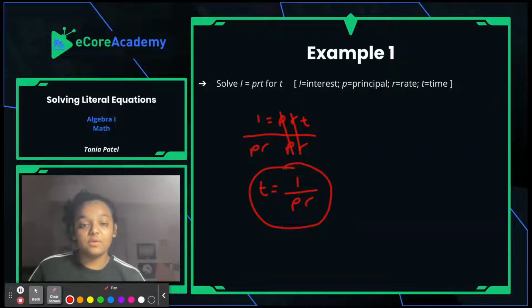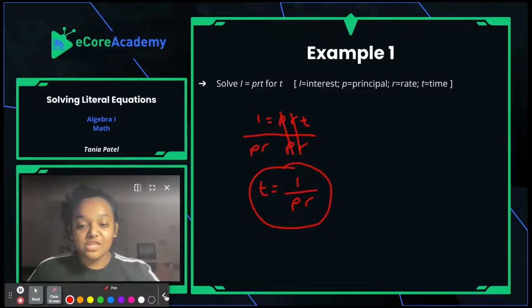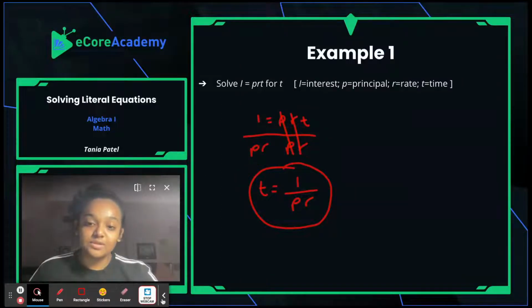This is the formula for the time value when you are dealing with interest, principal, and rate values that you already have. Again, this is very specific, but it is a great example of a literal equation.